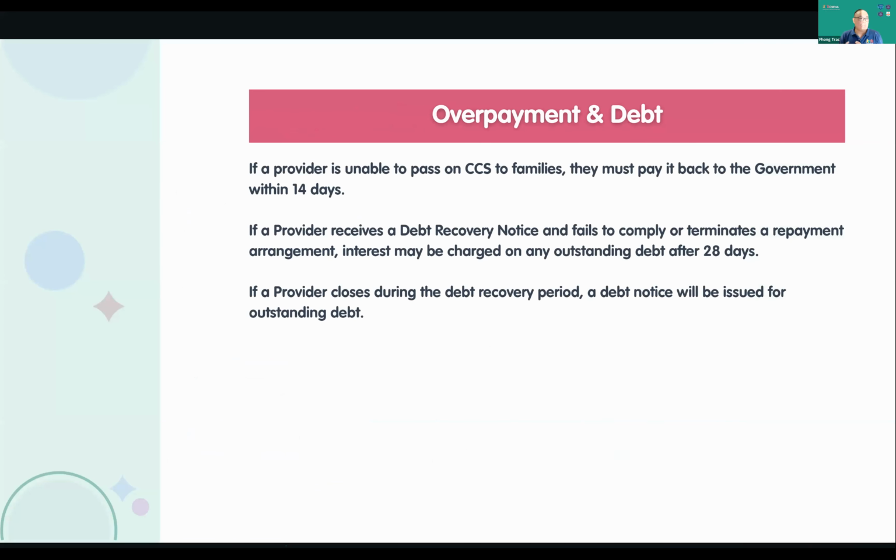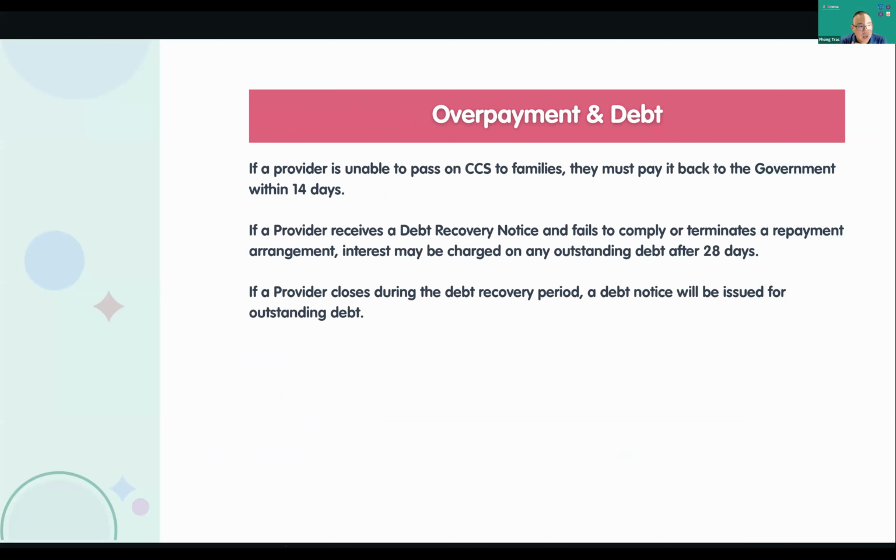Now, if you do receive CCS and you're unable to pass it on to that family, maybe in this particular scenario the family has left your service and you can't actually track them down, whatever the case might be, technically that must be paid back to the government within 14 days.